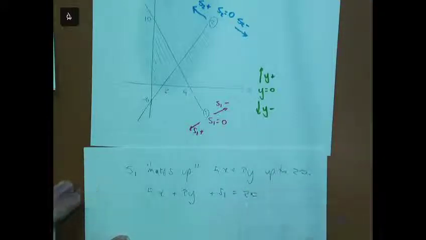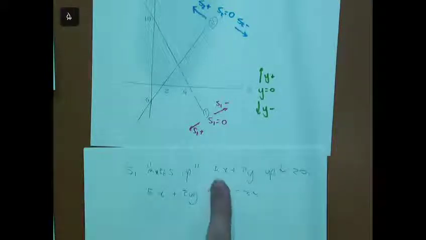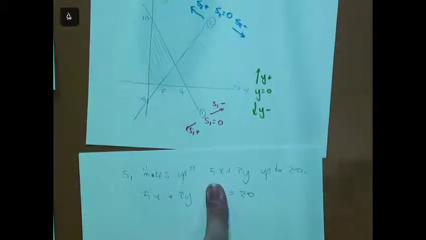And what that will mean is that when S1 is 0, I'll get 5x plus 2y equals 20, which is on the line. When S1 is properly positive, the 5x plus 2y doesn't make it all the way to 20, and so it's less than 20, which is the good side. And when S1 is negative, well then 5x plus 2y would have to be bigger than 20 for that to happen, and that would be on the wrong side of the line.